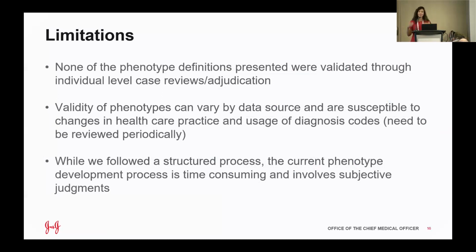And while we followed the structured process and we were trying to use objective measures to make decisions, we still find that we always land onto some subjective decisions that we make when we decide on which phenotype to use, and that might vary from one investigator to another, from one clinician to another.